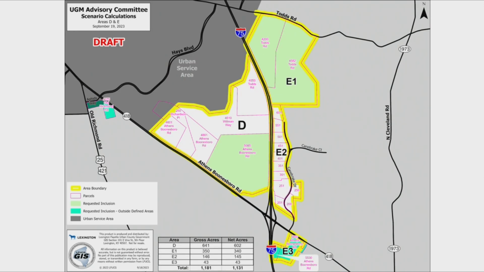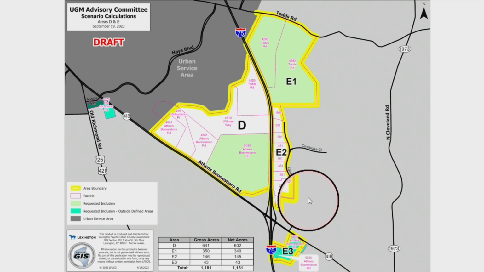Area D in its entirety for a total of 641 gross, 602 net. Area E1, the parcels abutting Todd's Road, 350 gross, 340 net. And Area E3, south of Athens Boonesboro, 43 and 43.